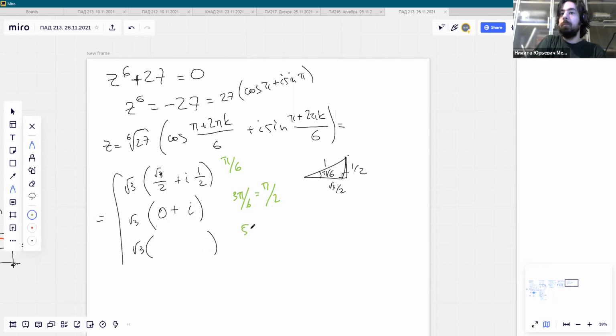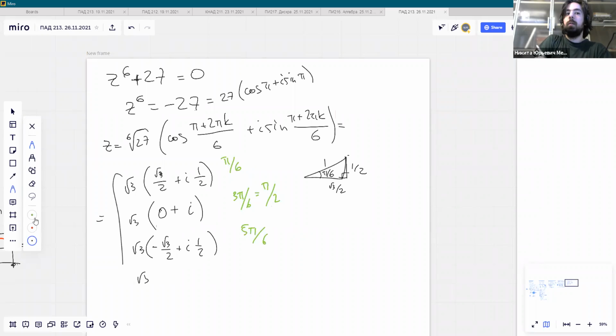For the next one, 5 pi over 6. Unfortunately, we can't really cancel anything, so we need to find the cosine and sine of this angle. Well, it is pi minus this angle, so it has the same sine, but the opposite cosine, like this. Okay, everyone still alive?